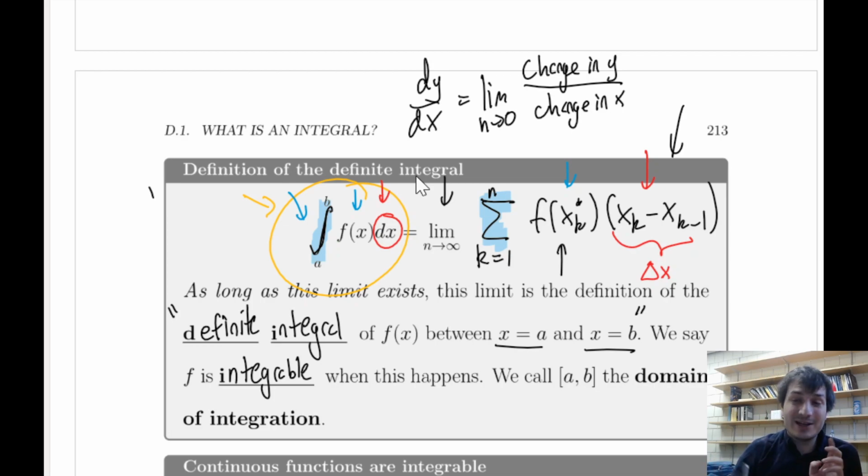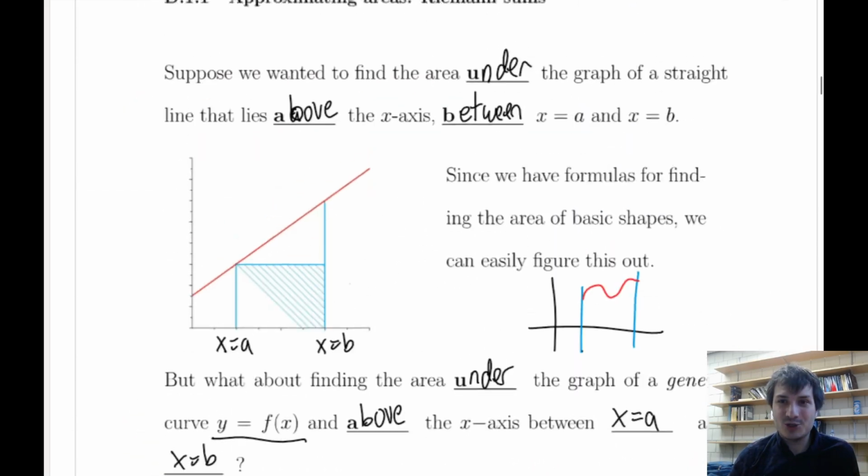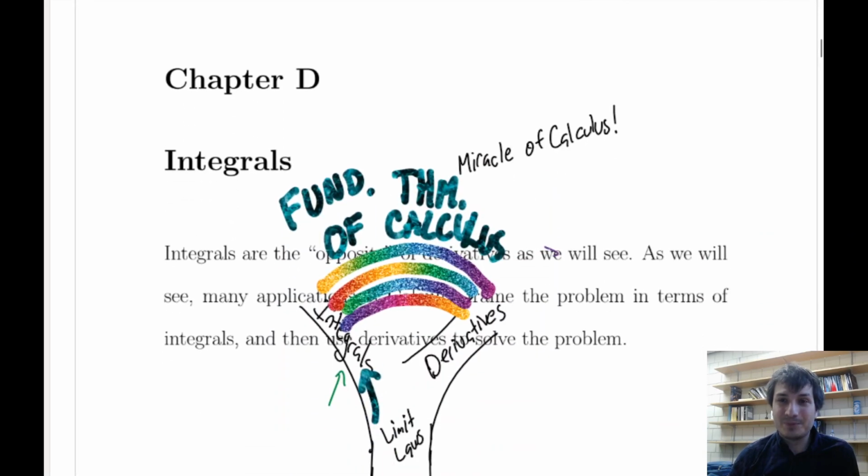If you want to do that for a Riemann sum, it really is a lot of work. So in the next section, we are going to skip doing these limits by hand, and we are going to learn about the secret rainbow bridge that lets you find the value of an integral using derivatives. That secret rainbow bridge is called the fundamental theorem of calculus. Okay, so we'll see you next class when we do that.